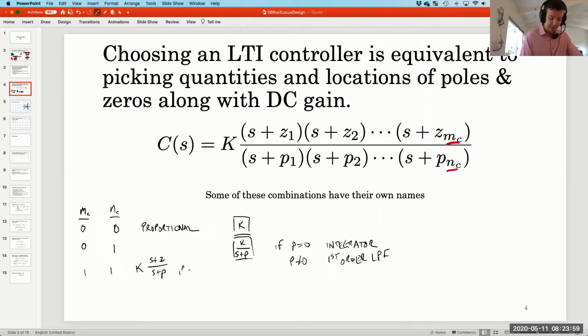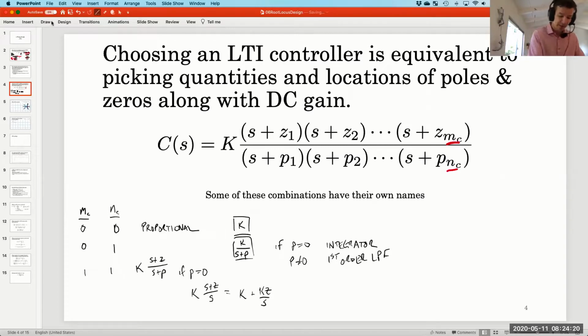But again, if p is 0, then what are we looking at here? We're looking at k times s plus z over s, which if you break it up, looks like k times 1 plus k times z over s.